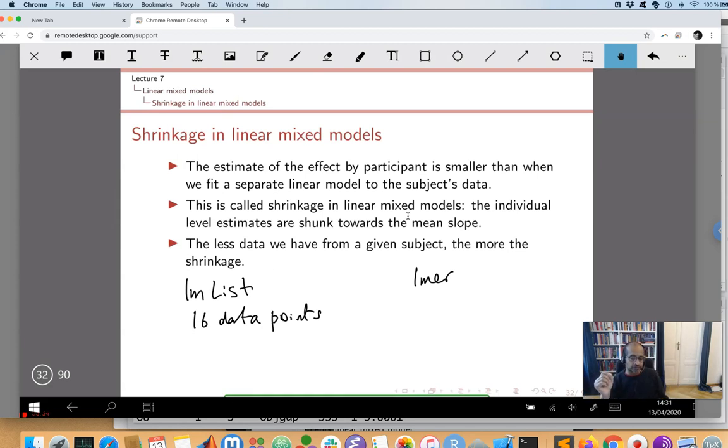Intuitively, this makes a lot of sense, because if I take all the subjects' mean reading times, then I have a very good estimate, based on a large sample size, of the average speed of these subjects. Now I know that these subjects are going to vary around this average speed, but because I have very sparse data from each of them, the estimates of each subject based on their 16 data points will suffer from type M error.